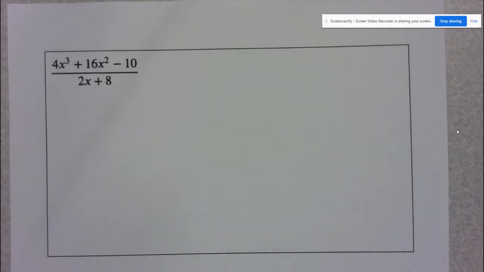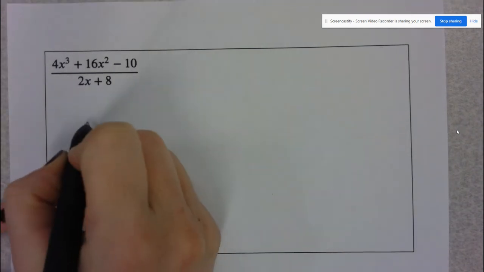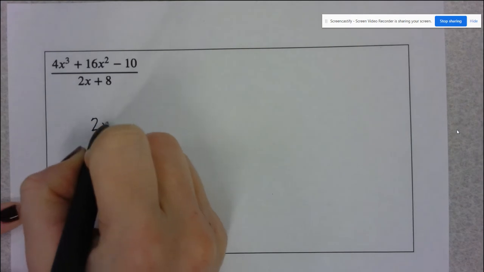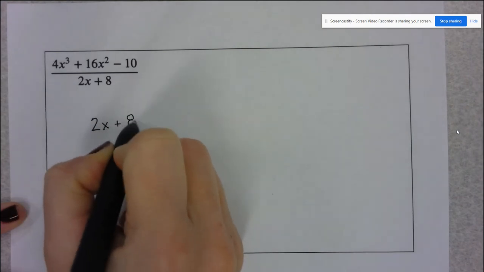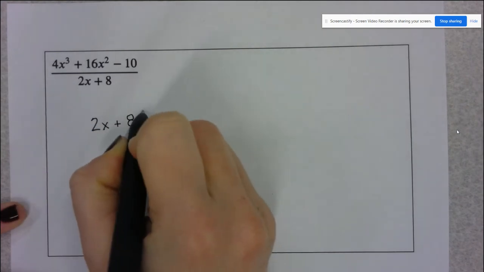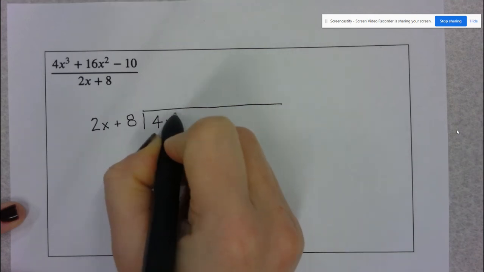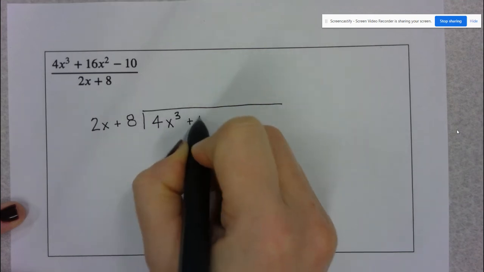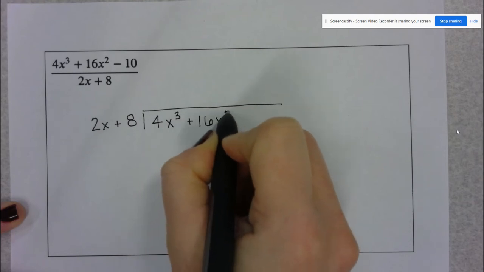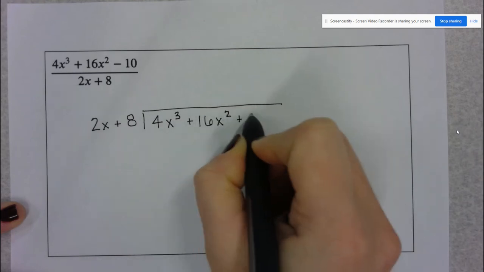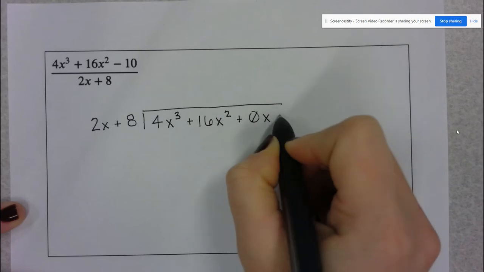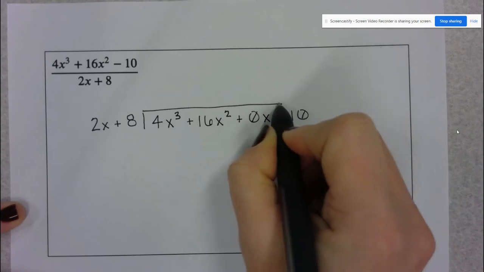So that tells me I'm going to need a placeholder in this case for my x term. So I'm going to use 2x plus 8 on the outside. And then inside, I'll have 4x cubed plus 16x squared plus 0x minus 10.